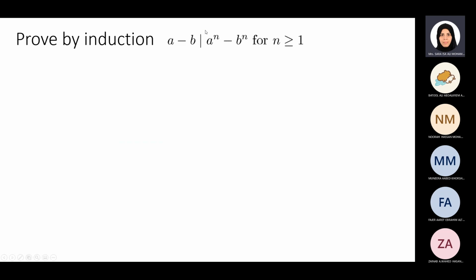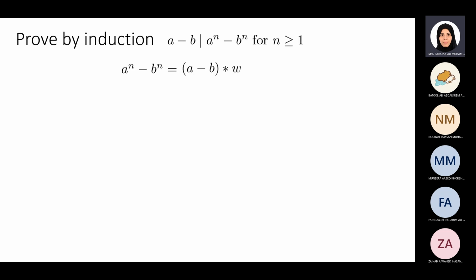This vertical line I read as divide. So when I say that a minus b divides a to the power n minus b to the power n, it means that a to the power n minus b to the power n is something divisible by a minus b.